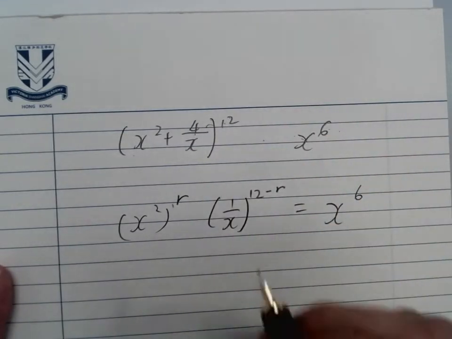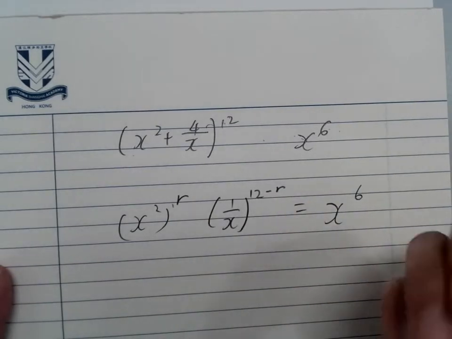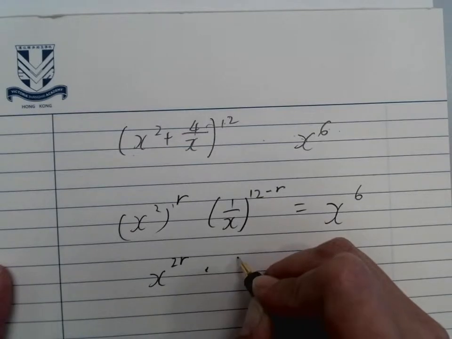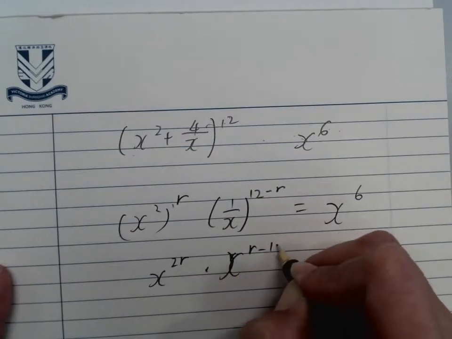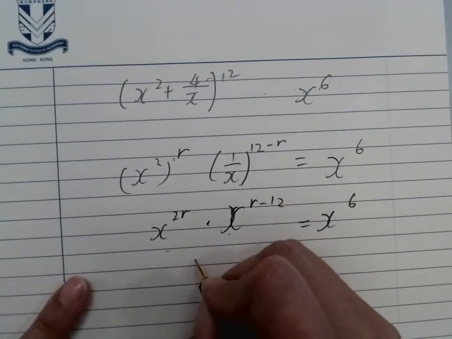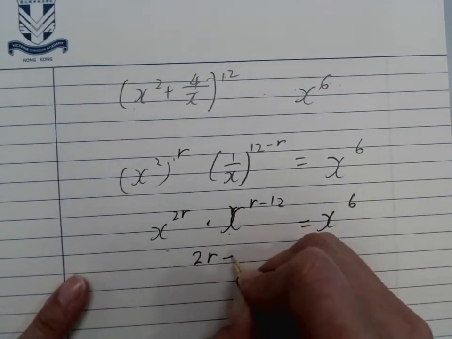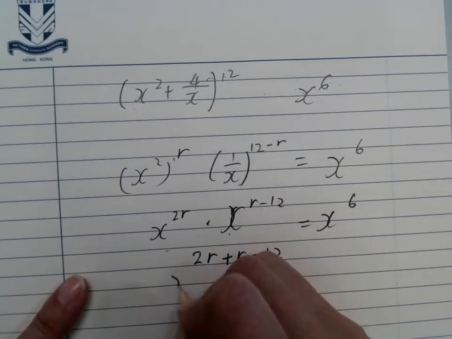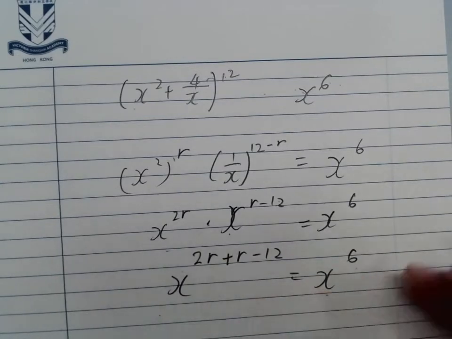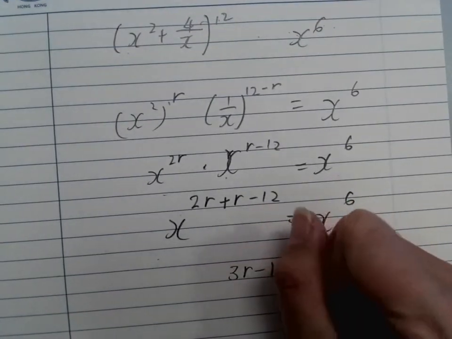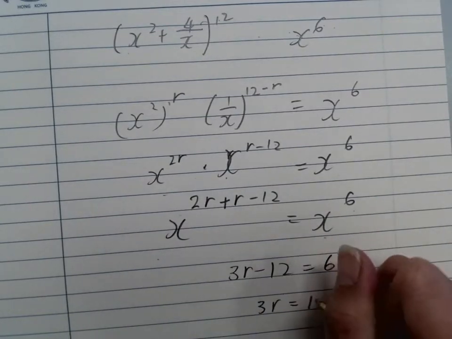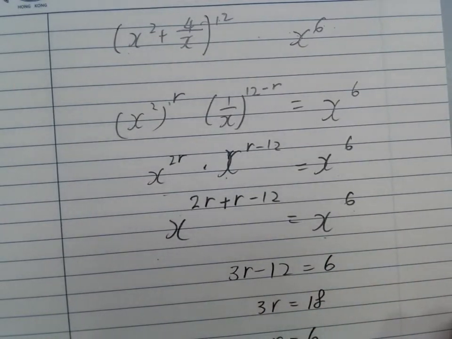This is the one I need to find out which term. This doesn't solve it, only finds the term. So again, with the index law, we got x to the power 2r times x to the power r minus 12 equals x to the power 6. Same base multiply, so the indices add together. Because the same base, we're going to solve for the index. So we got 3r minus 12 equals 6, 3r equals 18, r equals 6.